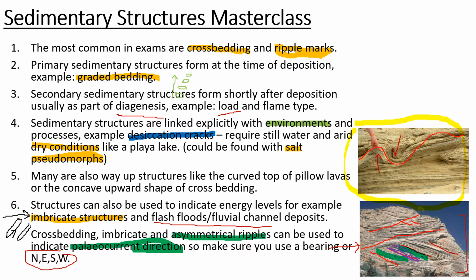So the direction of current is actually going in this direction here, if you can just see what I've put on there. So that would indicate the paleocurrent for that sequence, from here probably down to about here, which is the other bedding plane. So that would be the paleocurrent for that particular sequence there.